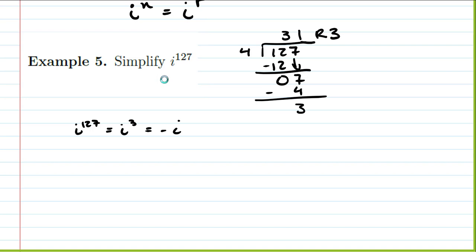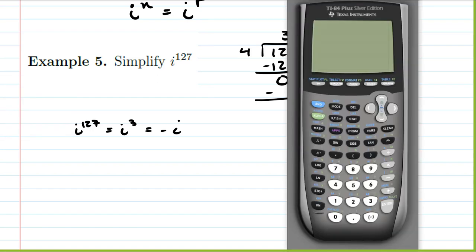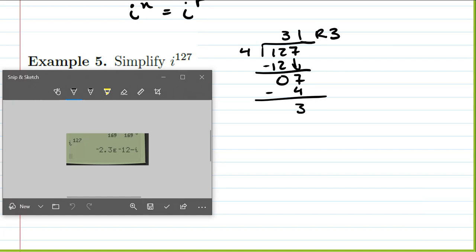So you might be thinking, well, why don't I just type that into my calculator? So let's go ahead and give that a shot. So we go i raised to the 127th power. And we'll notice our calculator gives us something different than what we got.